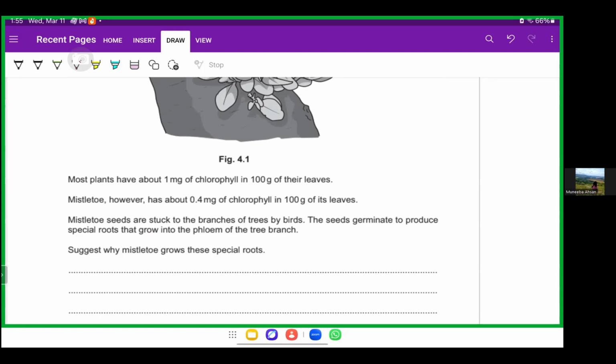The seeds germinate to produce special roots that grow into the phloem of the tree branch. So when the seed germinates, it produces a special root which gets connected to the phloem of the tree to which it is attached.